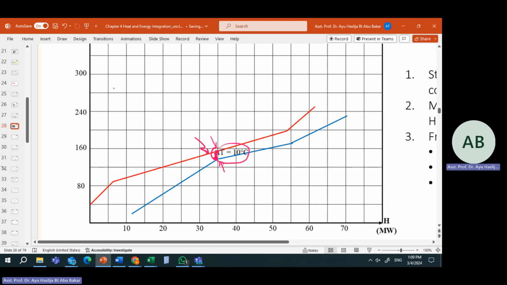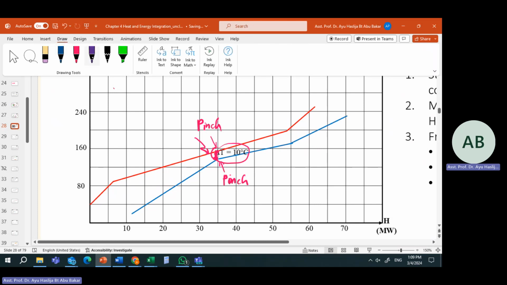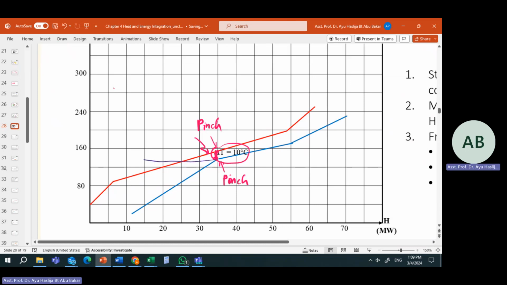Delta T min is 10 degrees C. So that is your pinch point, pinch for hot and pinch for cold. So that temperature is your pinch temperature. So drag to find out what the pinch temperature is for hot and cold.